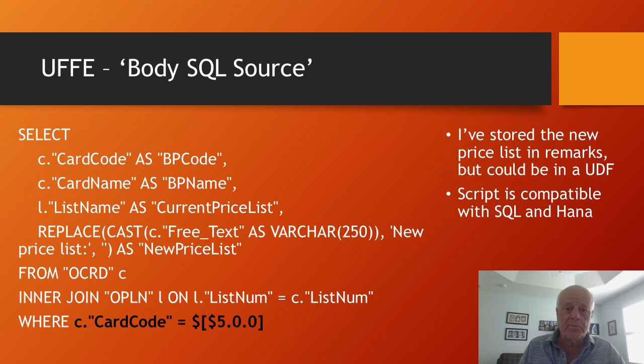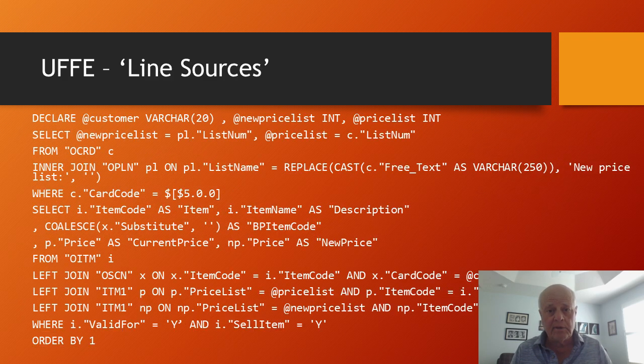So when we run this report and hit the button, it's going to create the UFFE for that particular customer. And you can see we're pulling in the customer name, the current price list, and the new price list. And all my script is compatible with SQL Server and also HANA SQL.